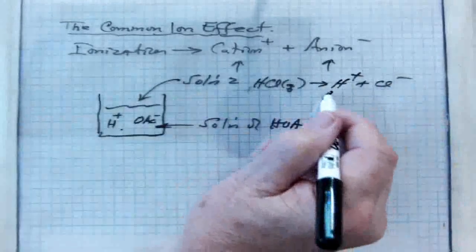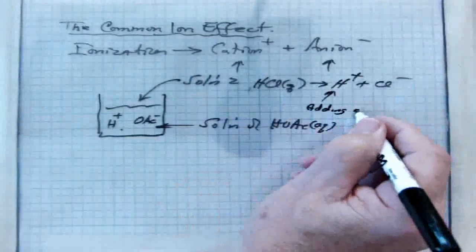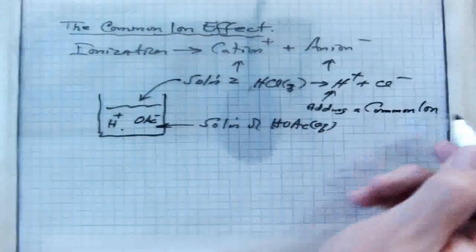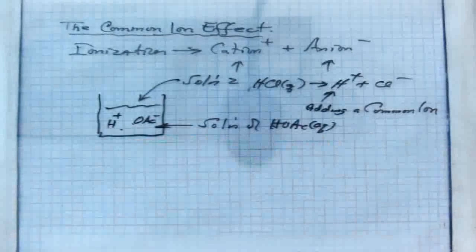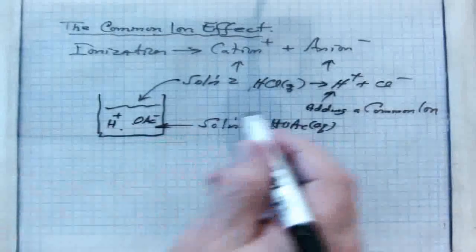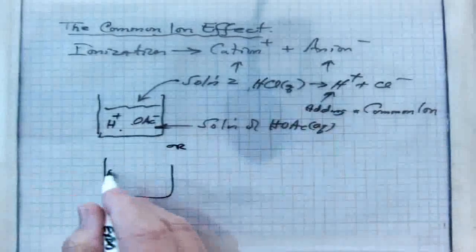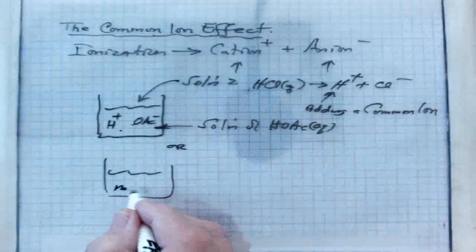Or you might have a system that contains, say, sodium acetate, or HOAc, and from the outside maybe add a sodium acetate that ionizes to sodium plus the acetate ion.